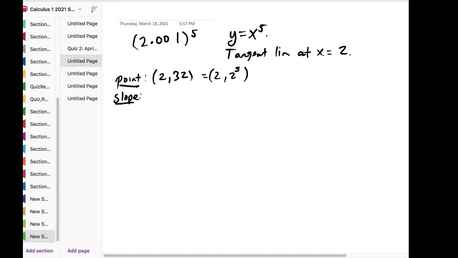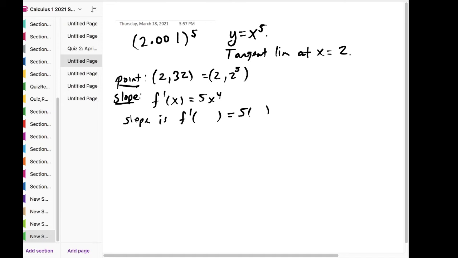Okay, and then how do you find the slope? Yep, so you take the derivative, so f prime is 5x to the 4th, and then what do we do with the derivative? Yeah, you plug in 2. Yeah, 2 to the 4th, 16 times 5 is 80.